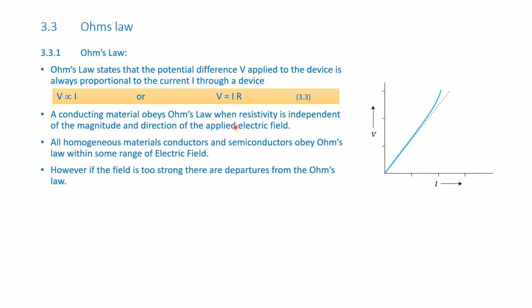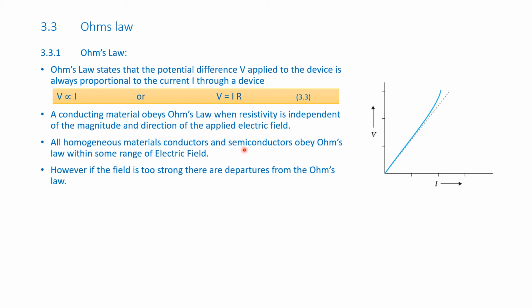A conducting material obeys Ohm's law when resistivity is independent of the magnitude and direction of the applied electric field. So, for conductors, V is directly proportional to I. All homogeneous materials, conductors and semiconductors, obey Ohm's law within some range of electric field.